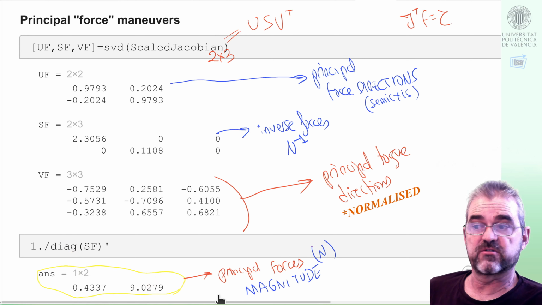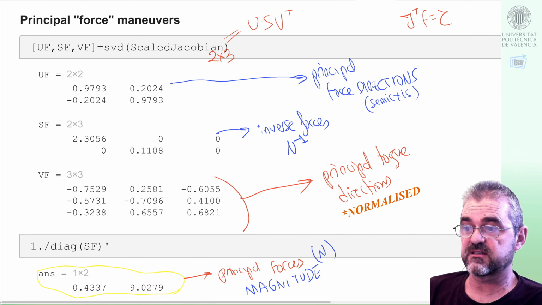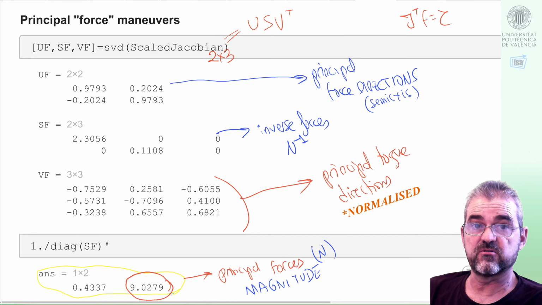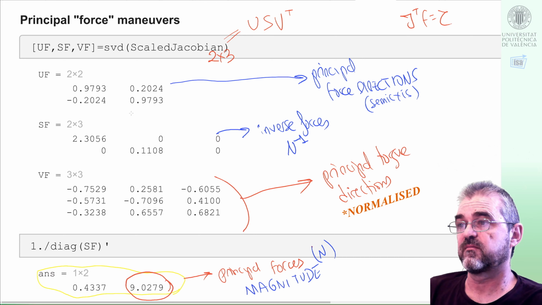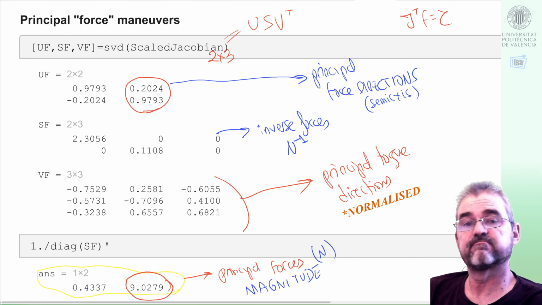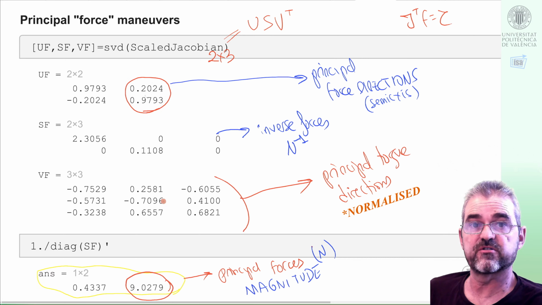So the force ellipsoid will have a semi-axis of 9 newtons of length in this direction. This will be the high force maneuver, sort of pointing up and a little bit right.